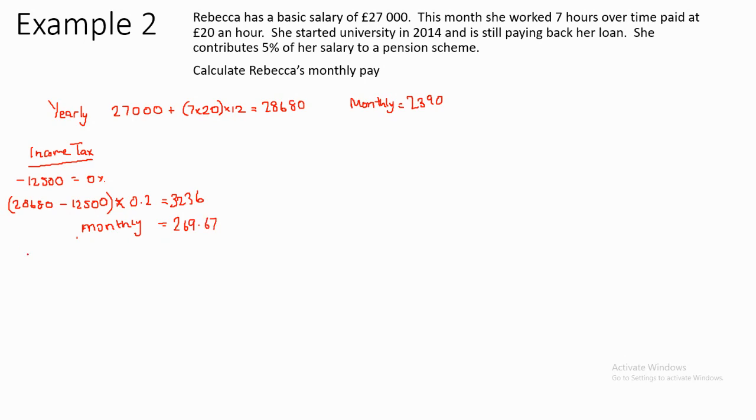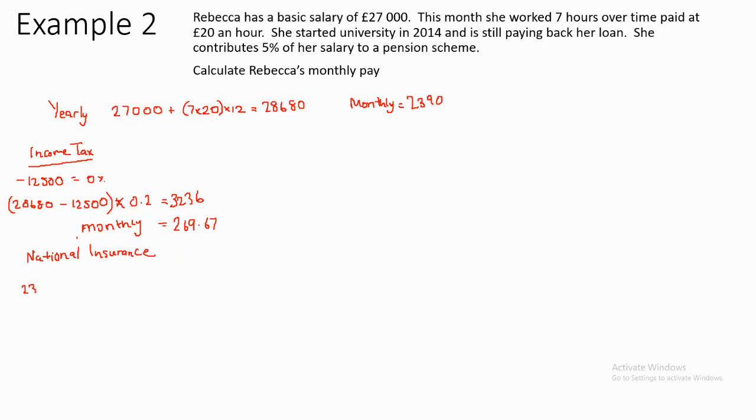Okay, national insurance. Okay, so we need to use the monthly salary. So 0 to 792, we pay nothing.